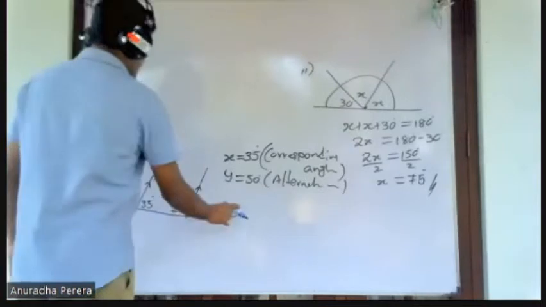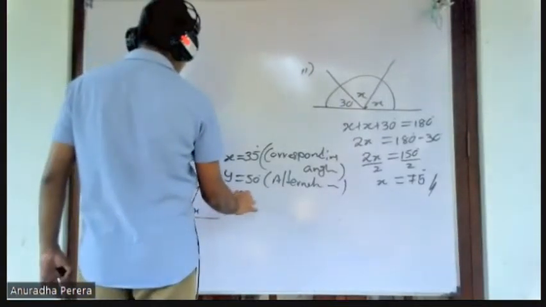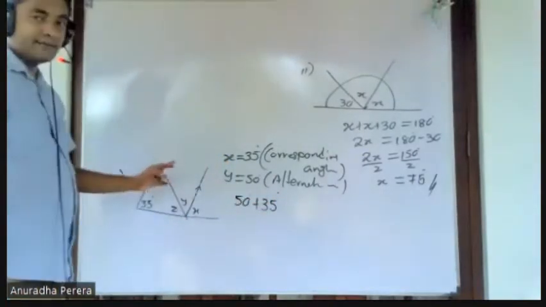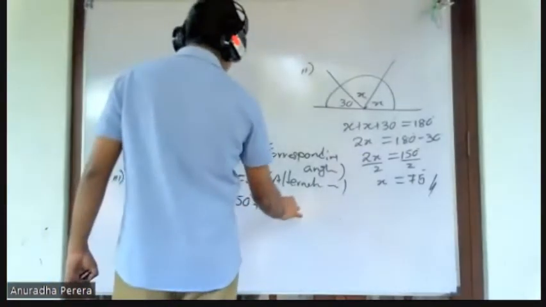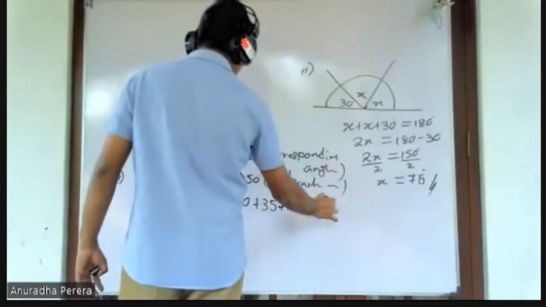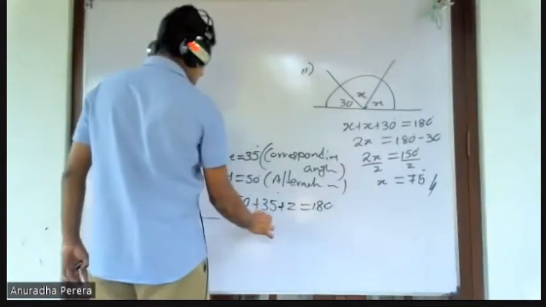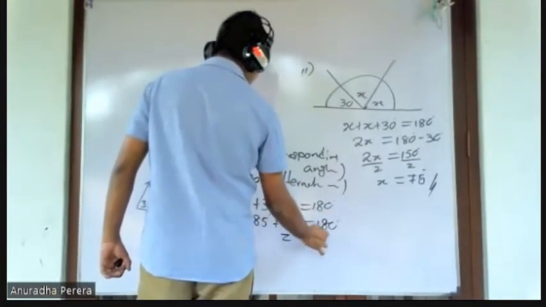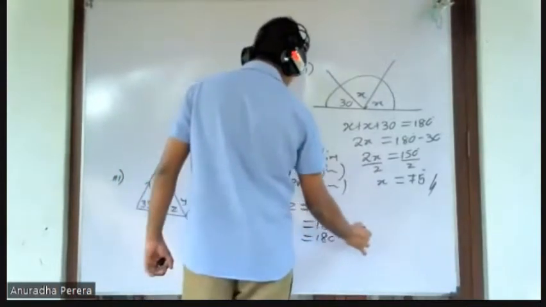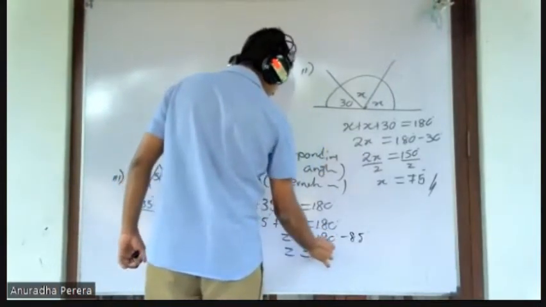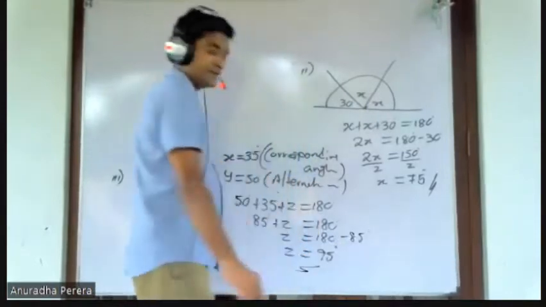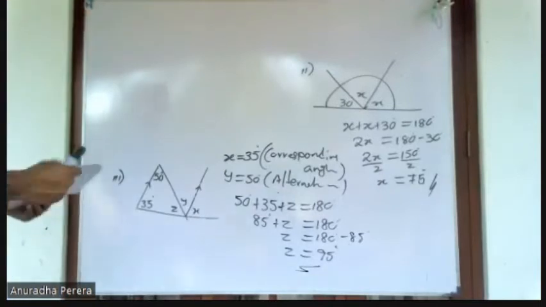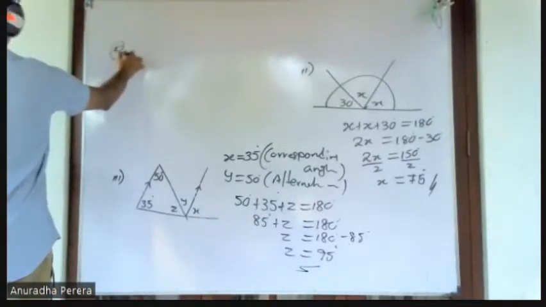To find this, 50 plus 35 plus z equals 180, angles in a triangle. 50 plus 35 is 85. z equals 180 minus 85. z is 95 degrees.